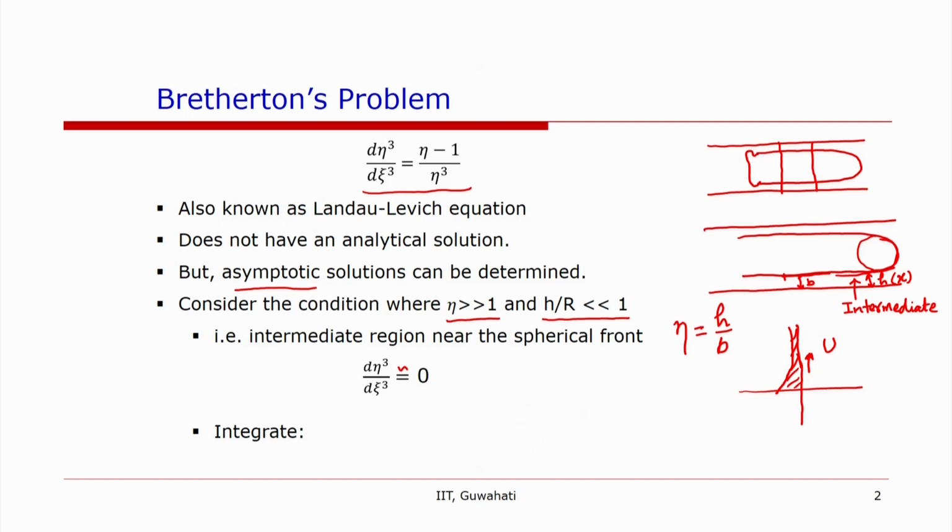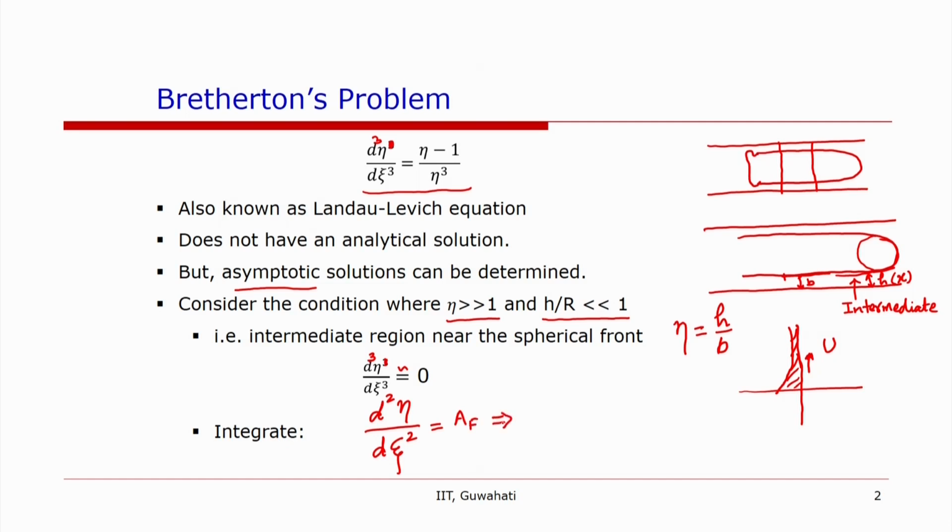We get d cube eta over d psi cube. We might have this mistake carried over everywhere, so please note that. Integrating, we will have d2 eta over d psi 2 equal to a constant. Let us call that constant AF.